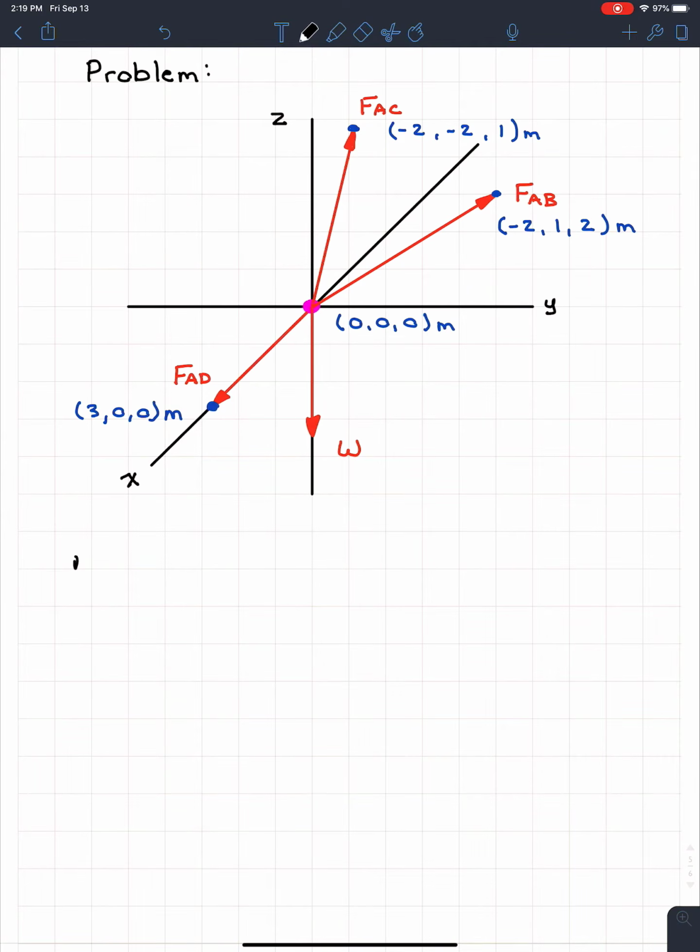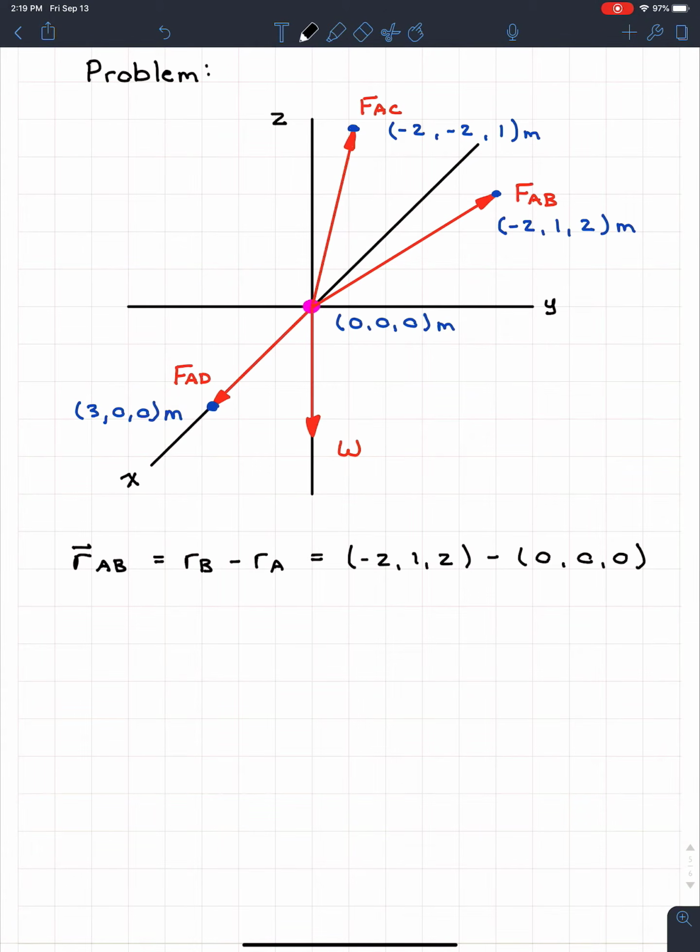So RAB, remember, it goes from A to B. It's going to be the coordinates of B minus the coordinates of A, which is going to be equal to -2, 1, 2 minus the coordinates of A, which are 0, 0, 0.